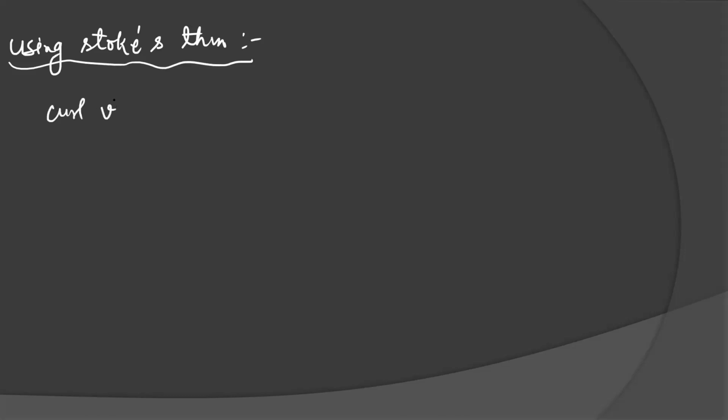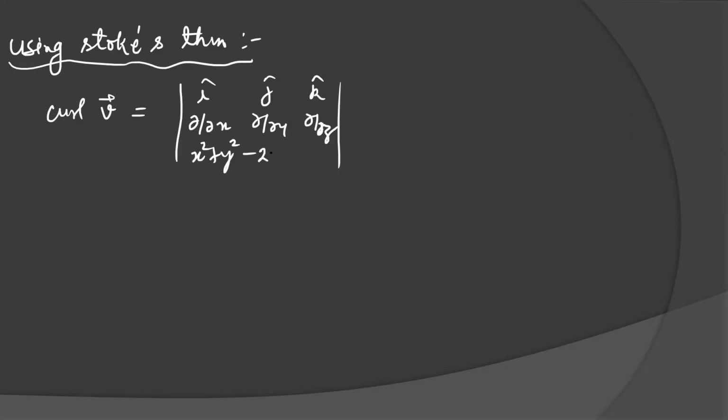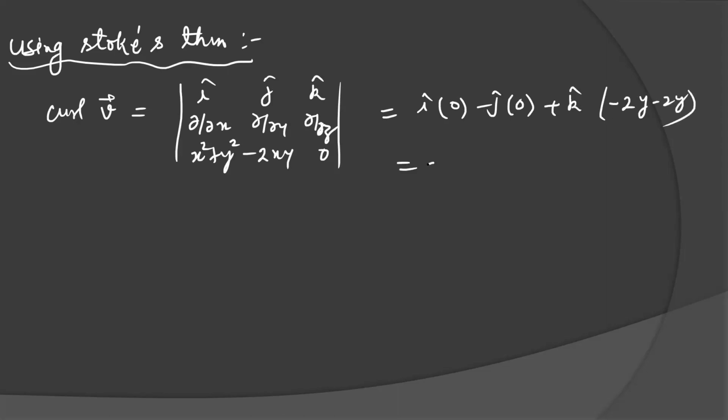So first I am going to find the curl of V, that is the determinant with i, j, k; del over del x, del over del y, del over del z; and the components x square plus y square, minus 2xy, and 0. If you find the curl, you will get i is 0, j is 0, and in the case of k, you get minus 2y minus 2y. So ultimately this is minus 4y k cap.